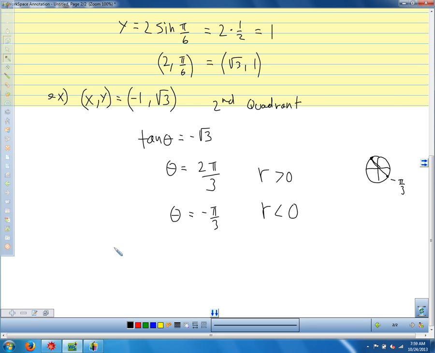And then we find r. We know that r equals the square root of x squared plus y squared, so r equals the square root of 4. So r equals 2. So we could come up with a couple of points in polar coordinates.